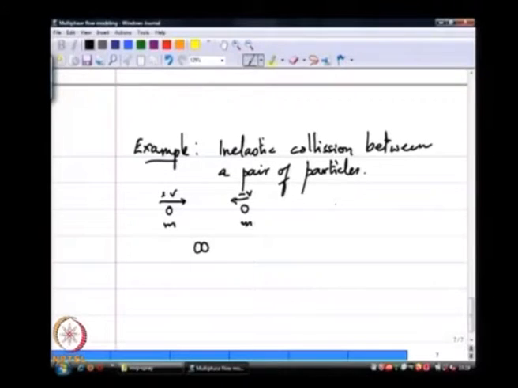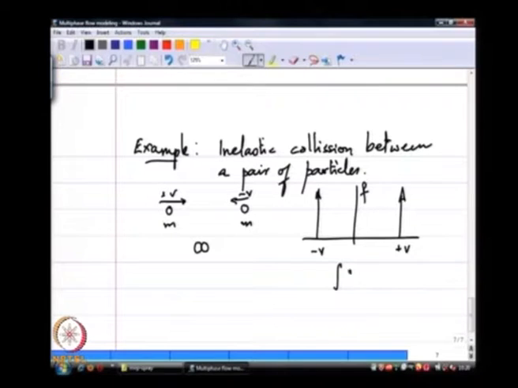Now, when I look at this in the probability density space, I have one Dirac delta function at plus v. This is actually half a Dirac delta function, because the sum total, the integral of f dv going from minus infinity to infinity, if I am only looking at one velocity coordinate, then the integral of f dv would have to equal 1.